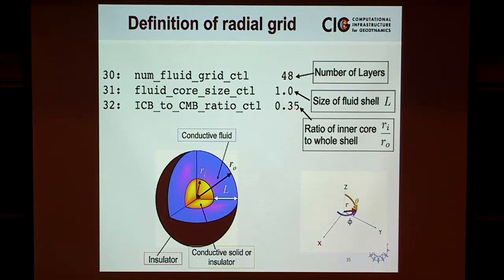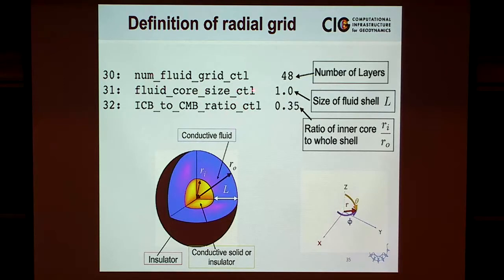So it's also a typical number, 0.35. Then by defining these two numbers, we can calculate the actual values of the inner core radius and the outer core radius. So in this case it will be 7/13 and 20/13. So we need to set the geometry by these two parameters.